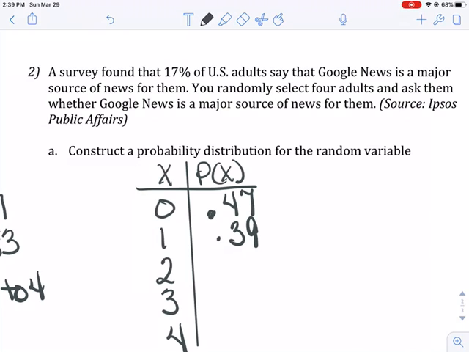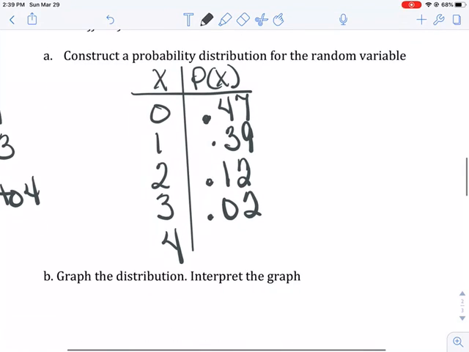Let's just go 0.39. Okay, we're going to do the same thing with 2, 0.12, same thing with 3, 0.01, 0.02, and 4.